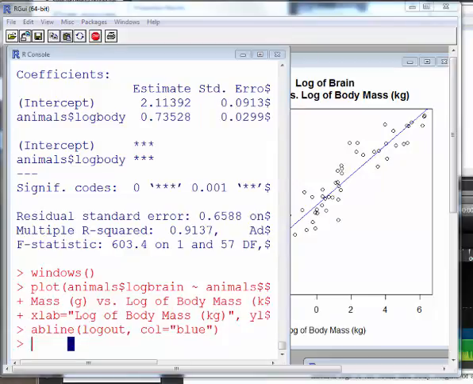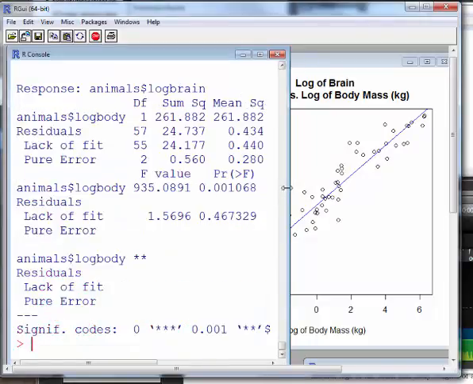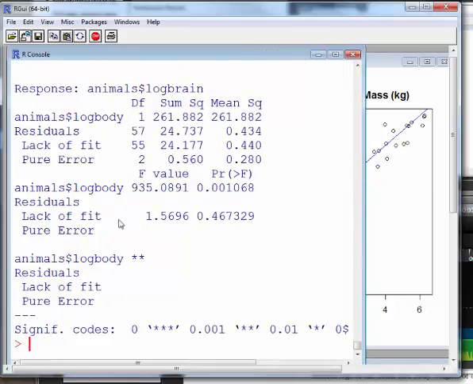Now I can also do the lack of fit test if I like. Let's see, what's my lack of fit p-value? I guess it's right here. It's not small, so my lack of linear fit test is indicating good. It's not inconsistent with a linear fit.